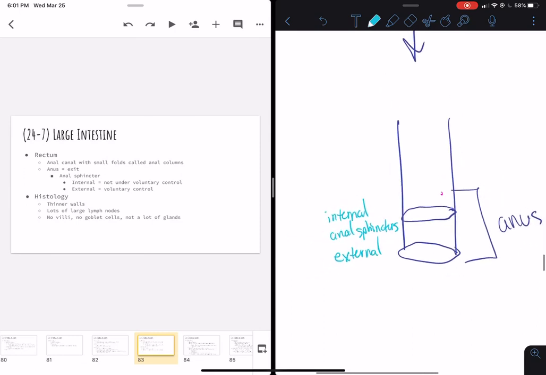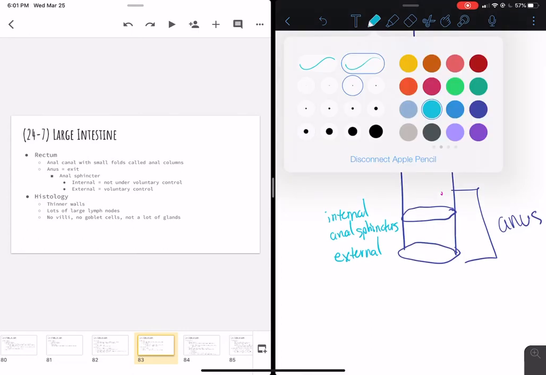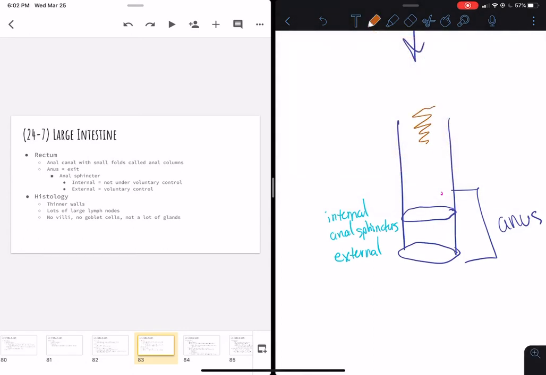These are important because they will coordinate whether or not we voluntarily or involuntarily contract and release any of the feces that have been stored in the large intestine. So the external one is under voluntary control, the internal one is not under voluntary control. This makes sense because as feces, let's draw that brown, as feces build up in the rectum, they will push on the internal anal sphincter first.